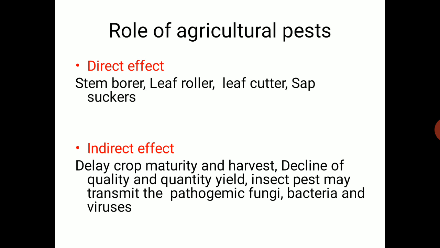That is why we say that indirectly these insect pests affect the crops. So these are the two different effects, direct as well as indirect. Since agricultural pests play an important role, this is about the direct and indirect role of agricultural pests. Thank you.